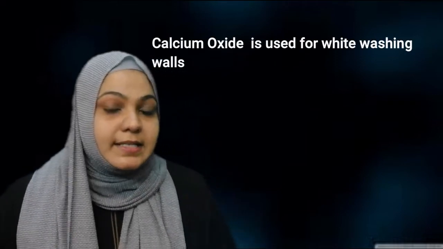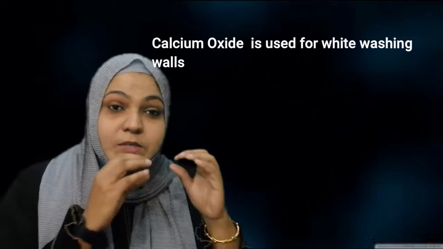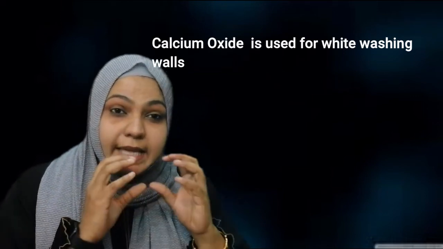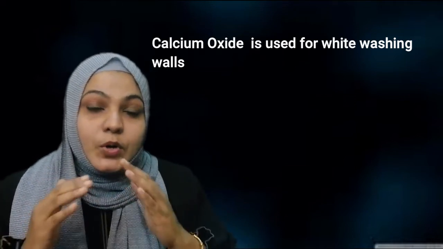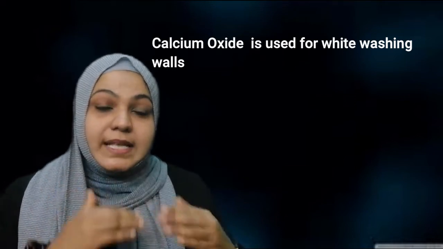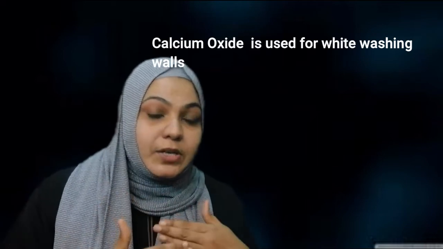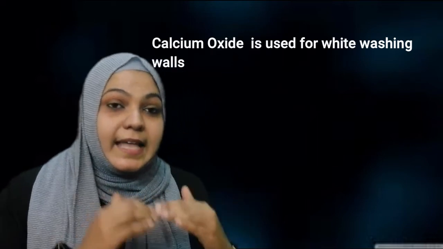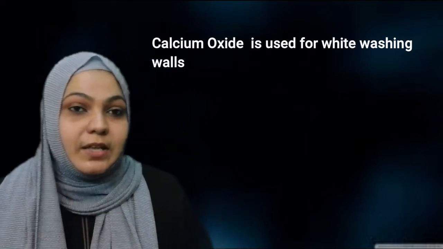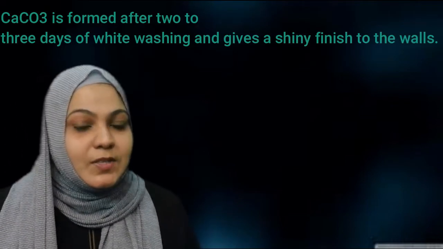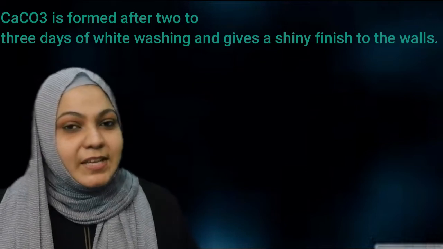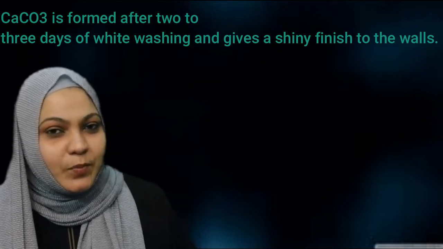When you look at the sentence, a solution of calcium hydroxide or slaked lime produced by the reaction. So which one is responsible for the formation of calcium hydroxide? That one is used for whitewashing the walls. Calcium carbonate is formed after 2 to 3 days of whitewashing and gives a shiny finish to the walls. So I hope you understood.